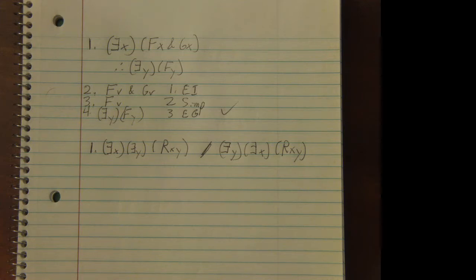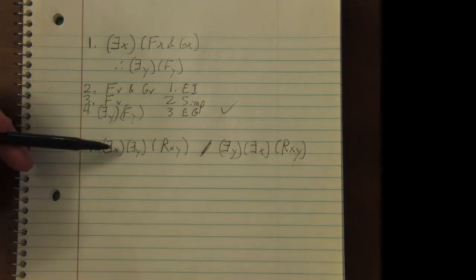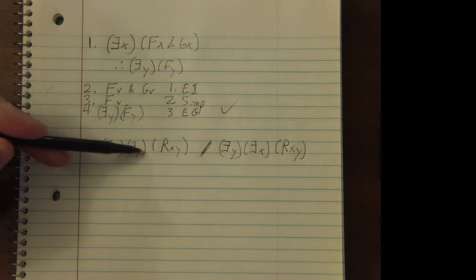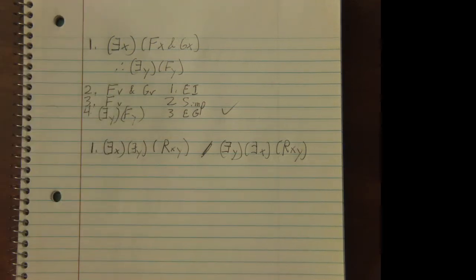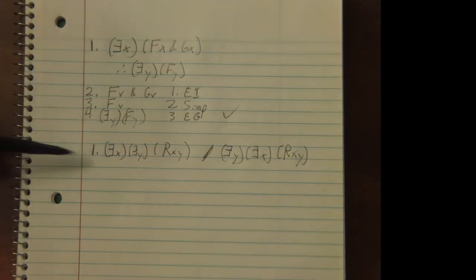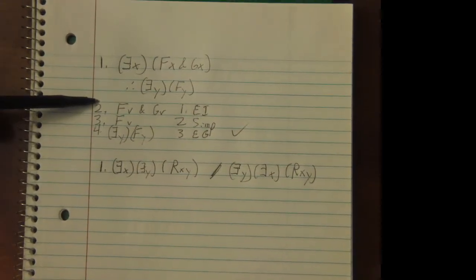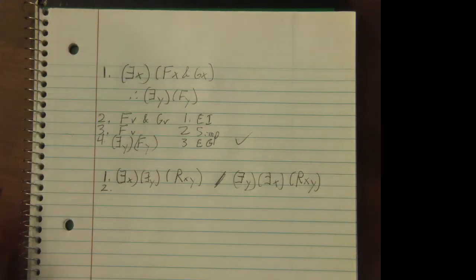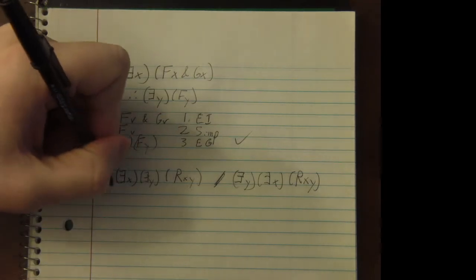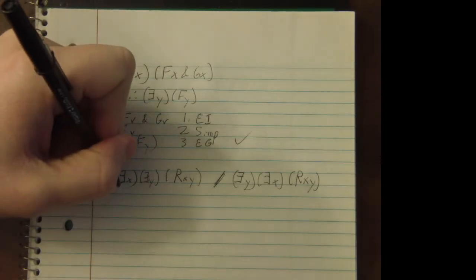Here is an interesting one simply because we're going to have to strip off 2 existential quantifiers and put back on 2 existential quantifiers. So, not that hard. We're doing something similar to the above. So, premise. You always have to work from the outside in, so you have to take the first one off.